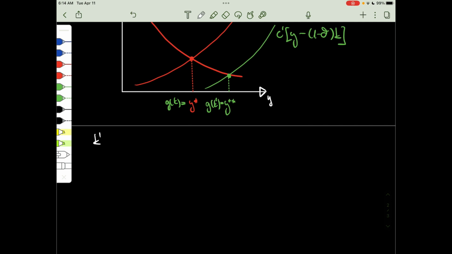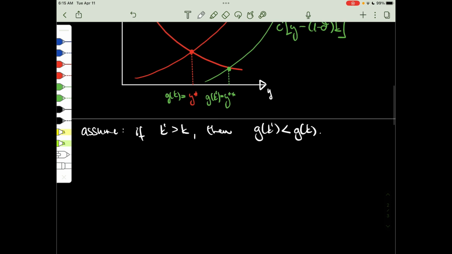So assume if k prime is higher than k, then g(k prime) is lower than g(k). So we are assuming that the policy function is strictly decreasing in k.